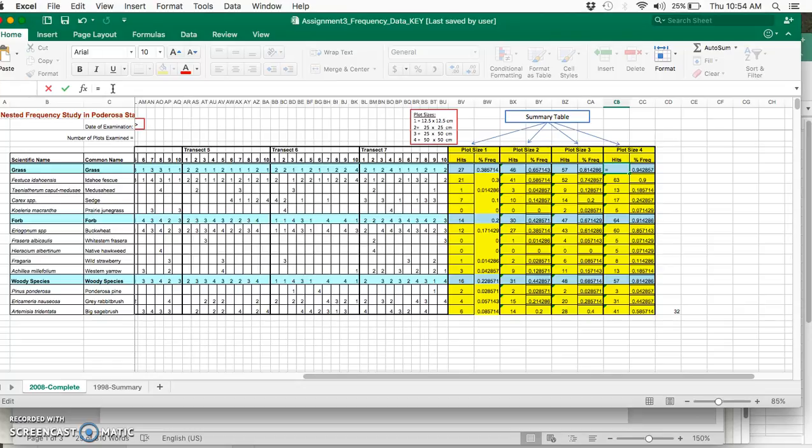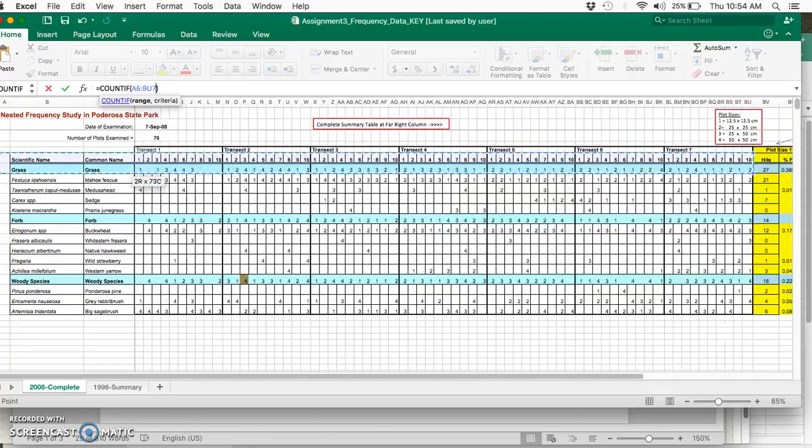So first we're going to start, again, with the equal sign, COUNTIF. We're going to highlight all of the data that we want to count all the way down to plot 1, transect 1. COUNTIF that, and then it says range, comma, criteria, and you put little quotations around, if that is less than or equal to 4.